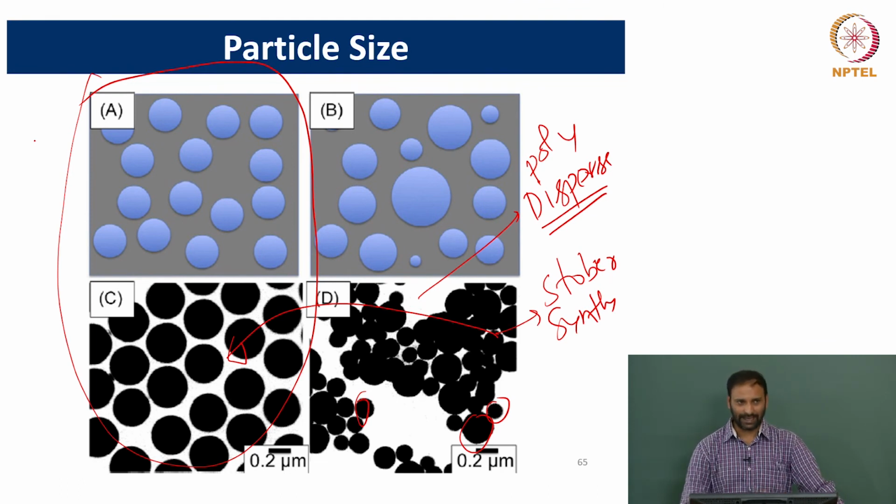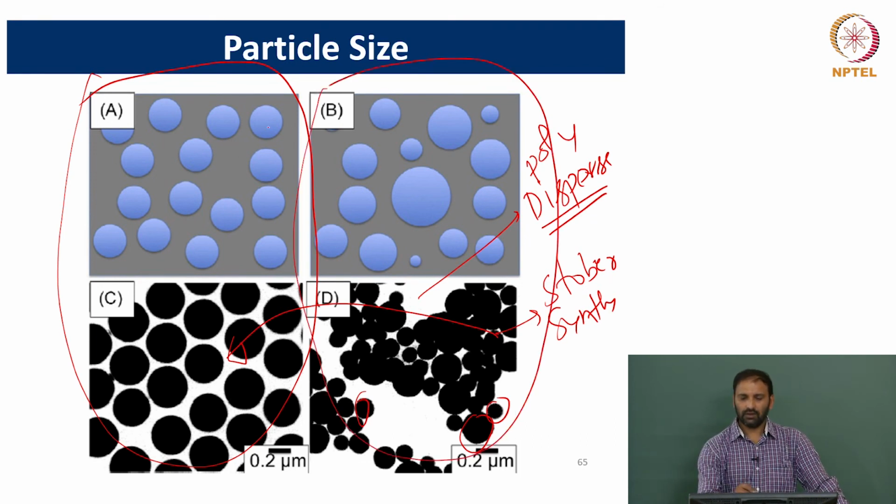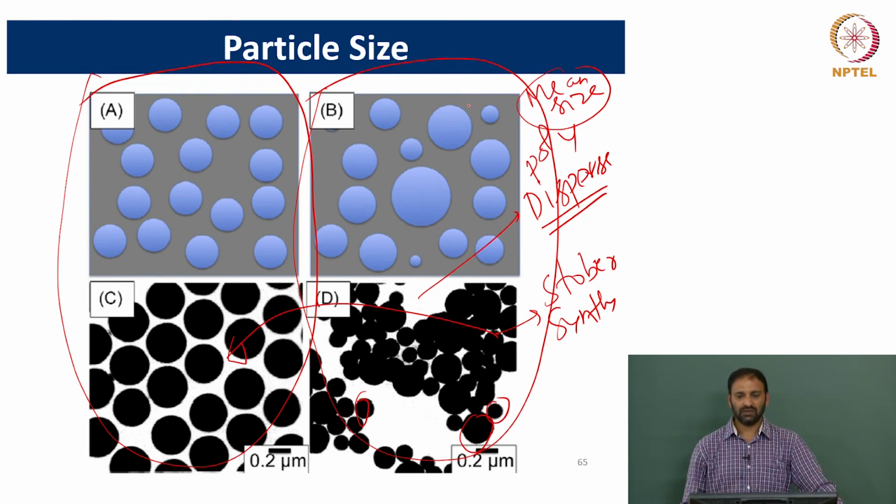However, when you have polydisperse samples, you talk about a mean size, and of course also a standard deviation, that is, how much this mean size deviates.